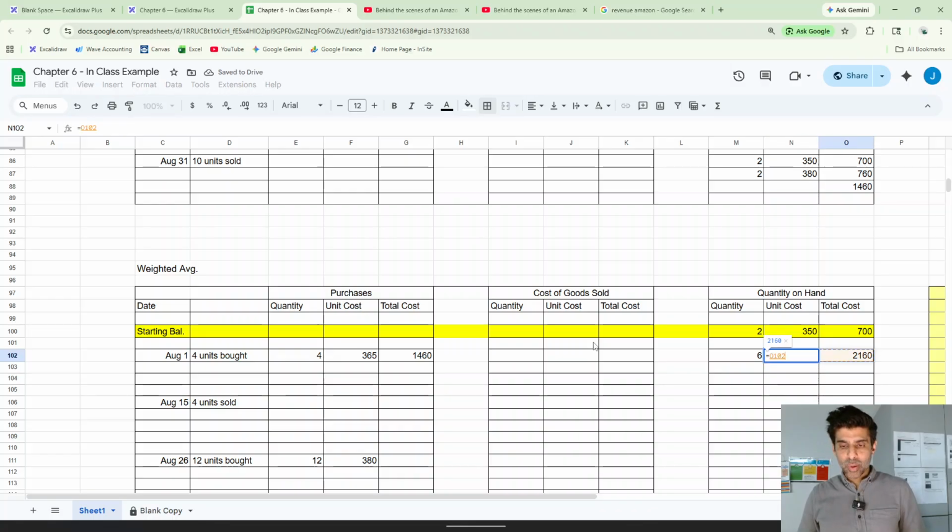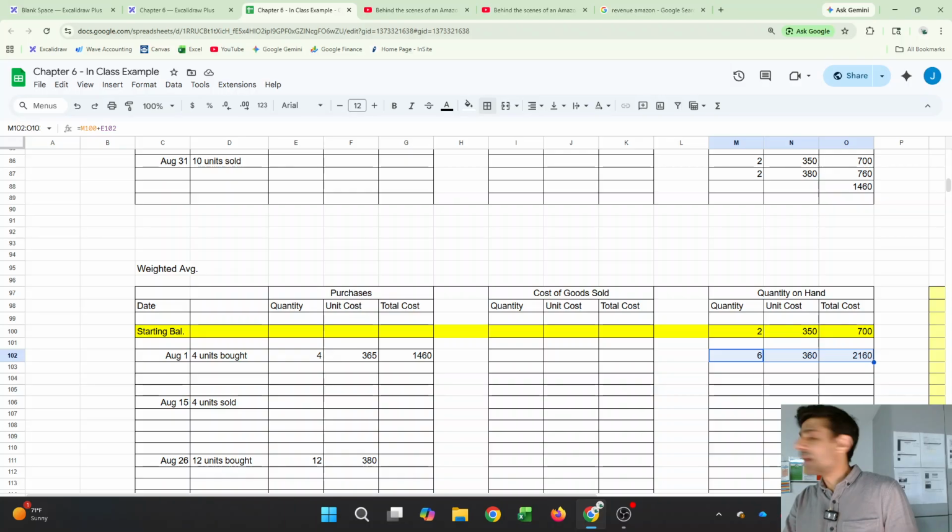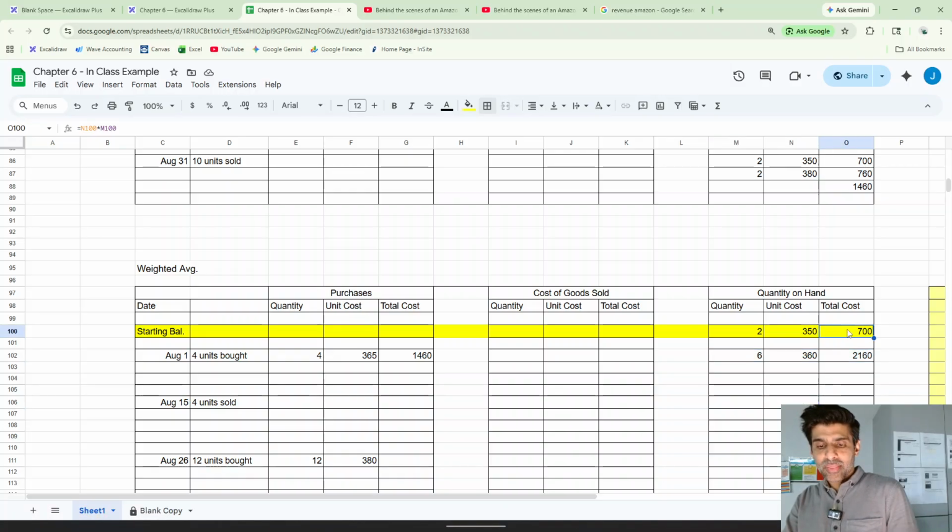So now my formula is this total cost divided by the number of units, 360. So in one line, we're representing all of our inventory. We kind of did it backwards, where we had the total cost and the number of units, and we just backed into the weighted average unit cost.